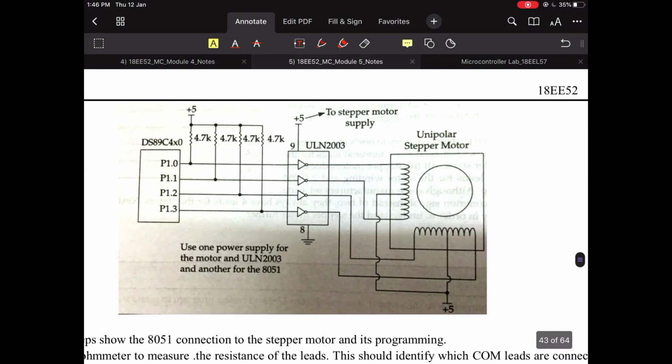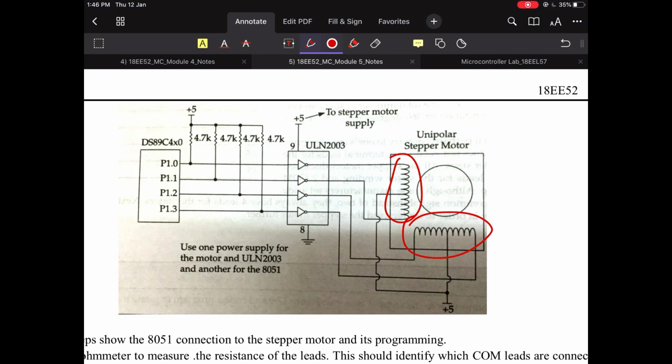This is the way the motor is connected. I have 2 coil sets here. It is a unipolar stepper motor.